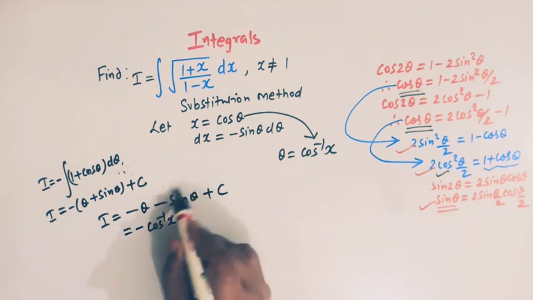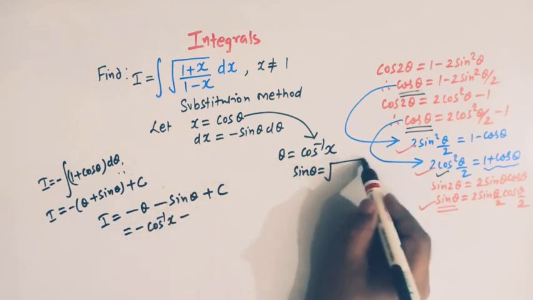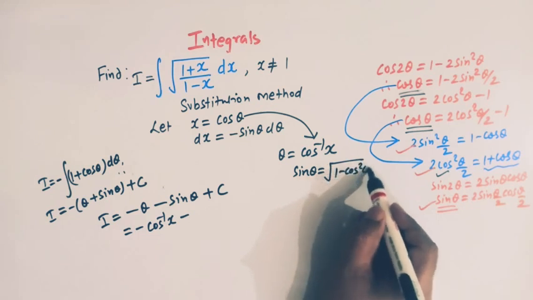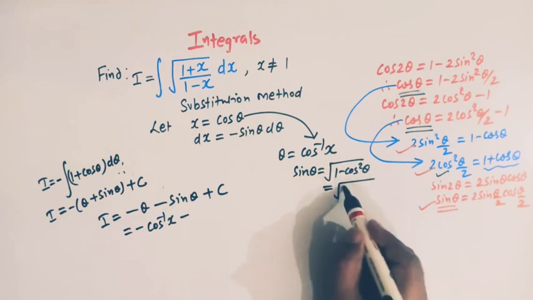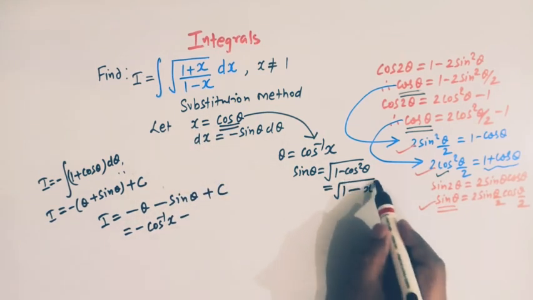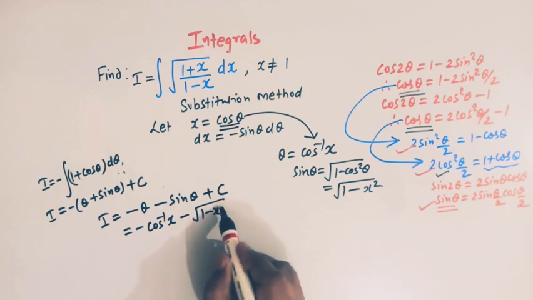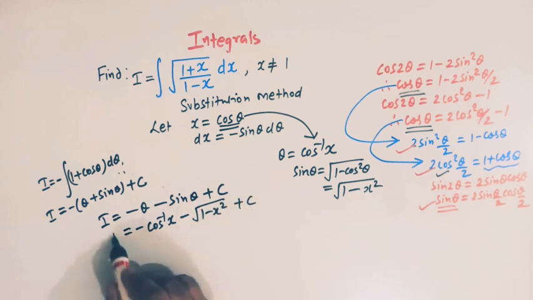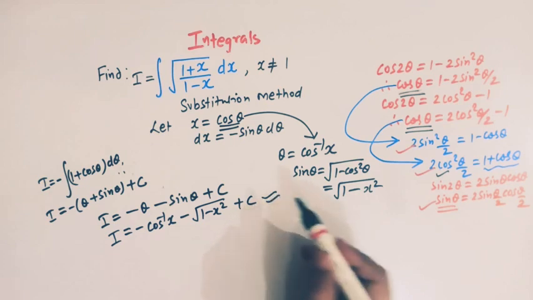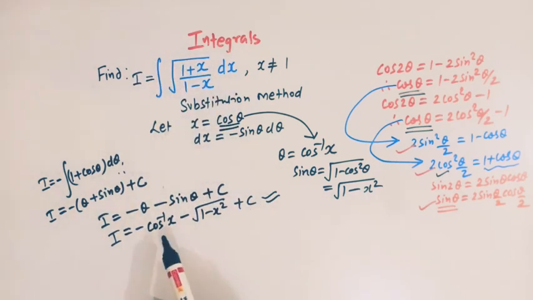And here we have sine theta, so sine theta can be written as square root of 1 minus cos square theta. So cos theta is x, so here we have x square, right? So here we have square root of 1 minus x square plus c, right? So this is the required integral of this function, right?